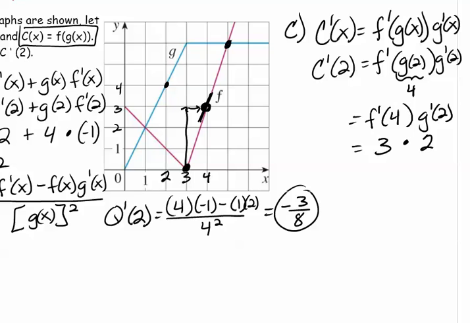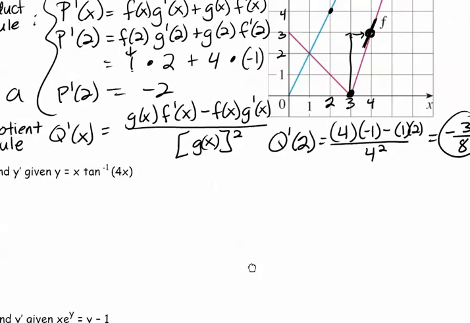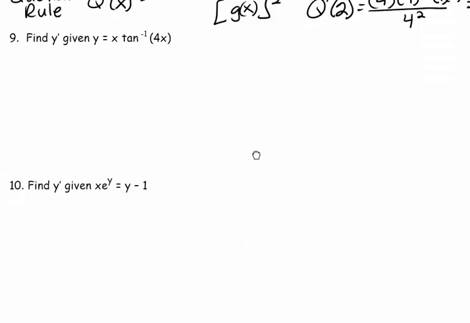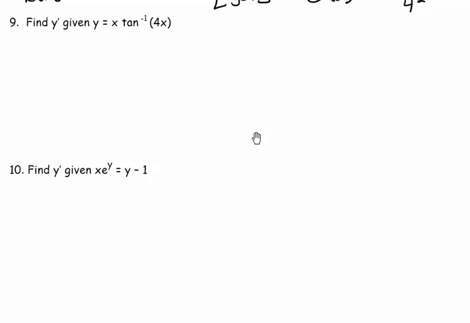That was 2. So we'll come up with a 6 for part C. So those are really important questions because they're good, quick test questions to see whether you understand product rule, quotient rule, and chain rule. All right, let's see if we can get this thing finished up here.